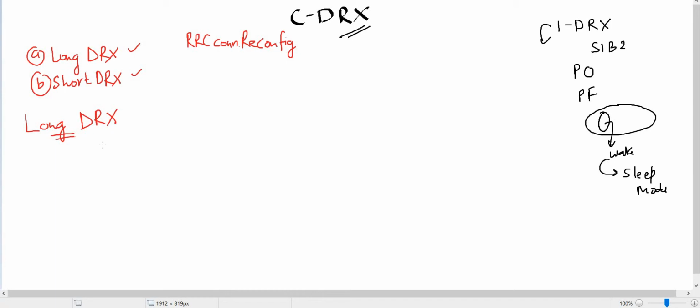Suppose the UE is in RRC connected mode. Let me write the parameters of long DRX first. The first parameter is the long DRX cycle. The second parameter is the on duration timer.